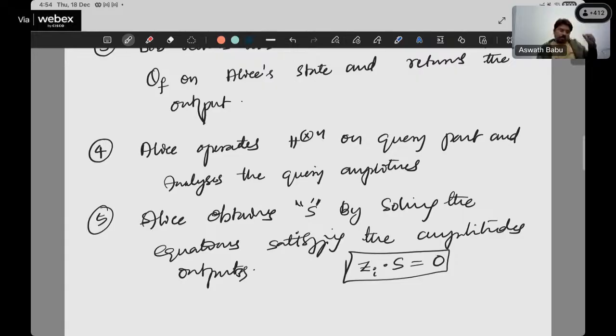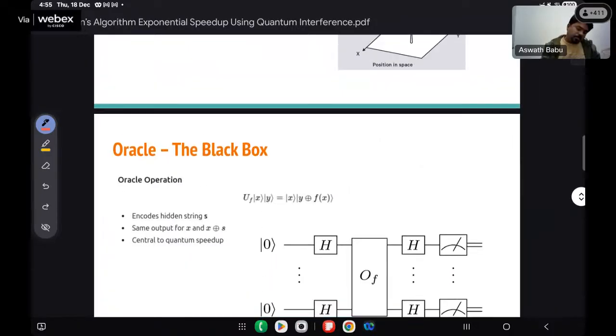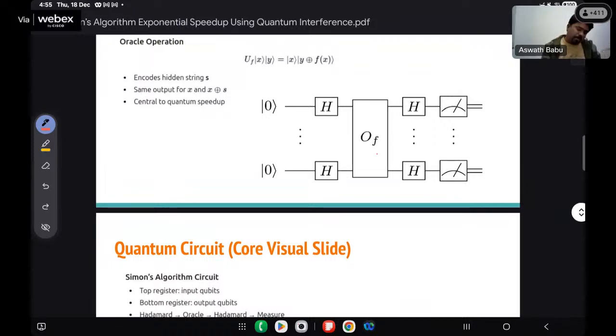This is how you should understand it. I have given the PPT with circuit-wise hints. The circuit is slightly different in the PPT, so you can ignore the Hadamards and the measurement.